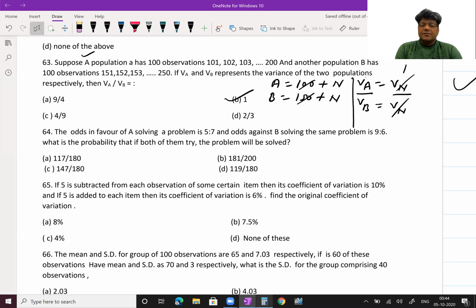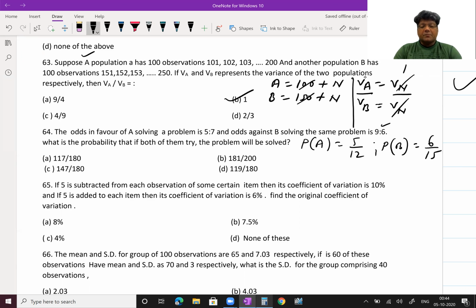That means the probability of A solving that question is favorable 5, total 5 plus 7, 12. And the odds against B solving the same question are 9:6. Against means unfavorable to favorable. So here your favorable case is 6. So the probability of B solving the same question is 6 by 6 plus 9, that is 15.